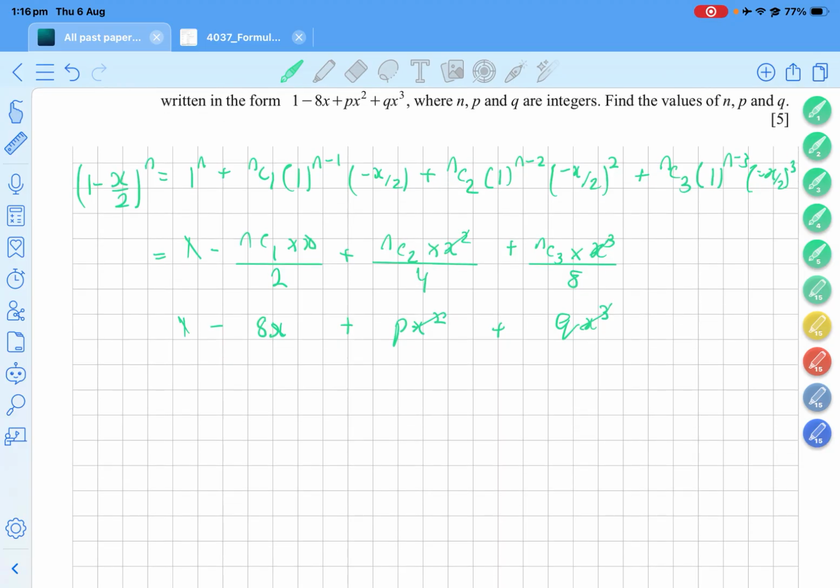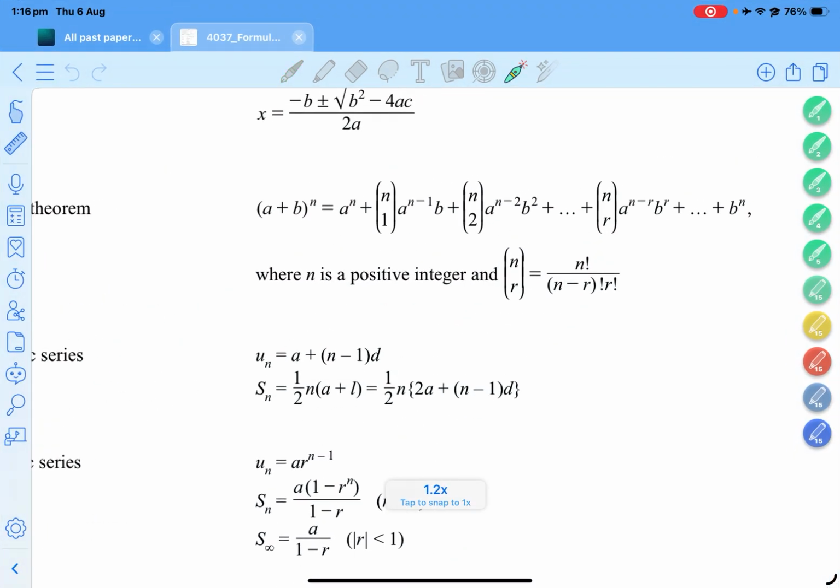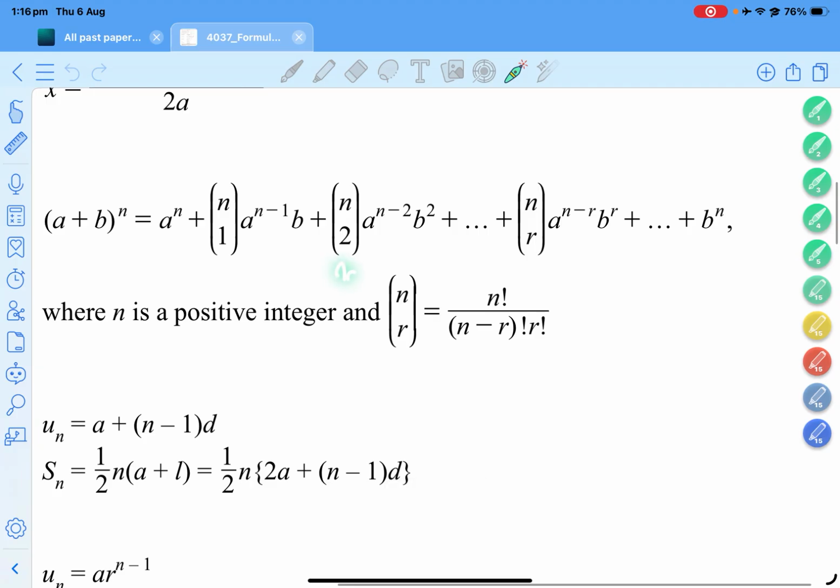So I know that nC1 by 2 is 8, and the last one should be minus. And what is nC1? If I open this formula book, nCr, or nC1, is n factorial by n minus 1 factorial, and then this thing is 1.